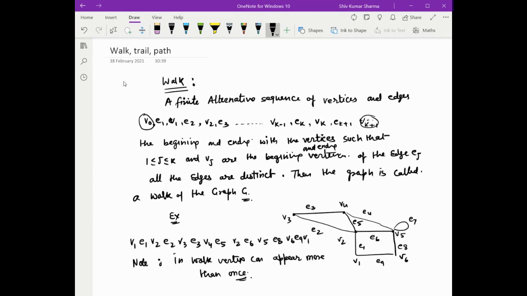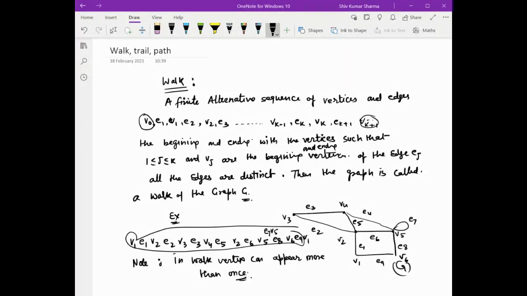So we choose the graph. This is our walk, and this is the graph G. A walk is always a subgraph of graph G. And a self loop may also be part of the graph G. You can write V5, E7, then V5, then E8.